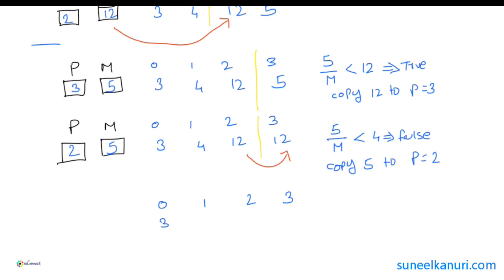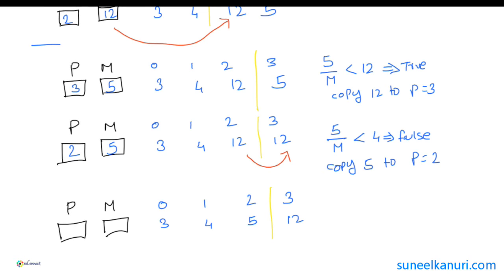As you notice, we're always comparing our unsorted element, which is in M, with the element at position P minus 1. When P is 2, we are comparing it with position 1. When P is 3, we are comparing it with the element at position 2. So keep that in mind when we write our code.